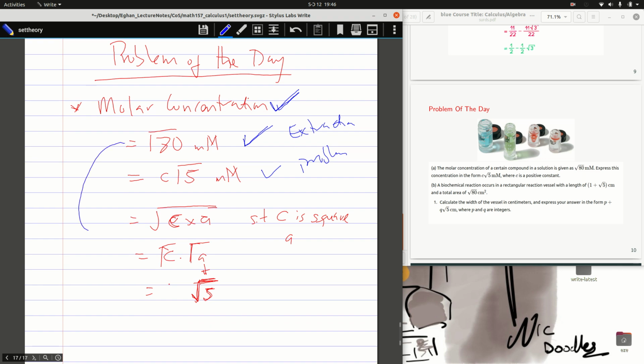This means that I would want to find the square root of some two numbers, C times A, such that I can split this up as root C times root A, but A is 5. So what is root C? Look at what we want. We don't want root C, but we want a constant.